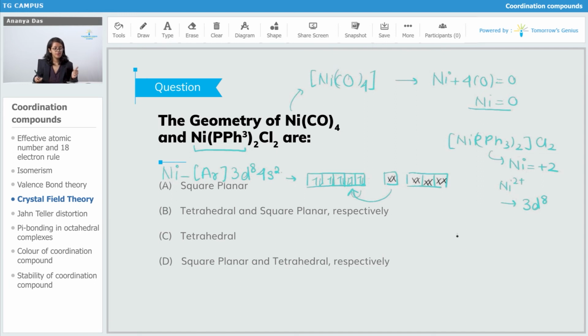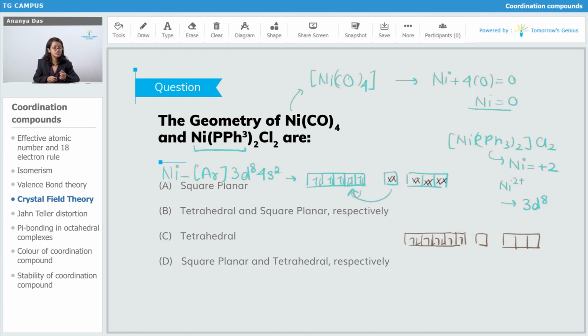For [Ni(PPh3)2Cl2], let's do that in another color. So for [Ni(PPh3)2Cl2], this is the d orbital, 1, 2, 3, 4, 5, 6, 7 and 8. Then we have s and then we have p. PPh3 is not that much of a strong ligand. It cannot pair up that well.